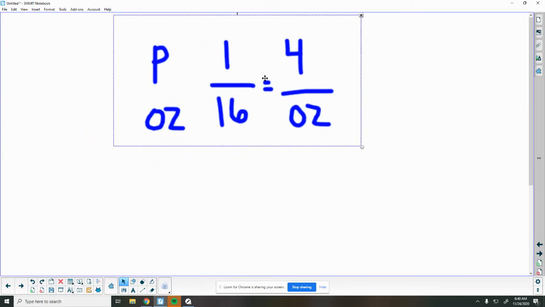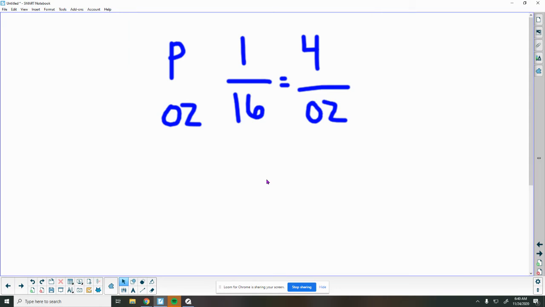Let's take a deeper look here at what we are doing so we know why we can take our shortcut. If I have this here, I want to get this right here all by itself. I want to know my ounces all alone.